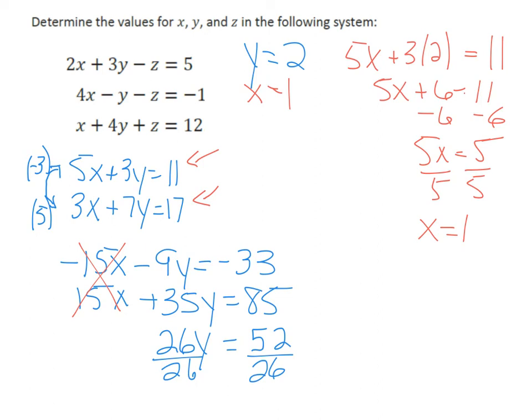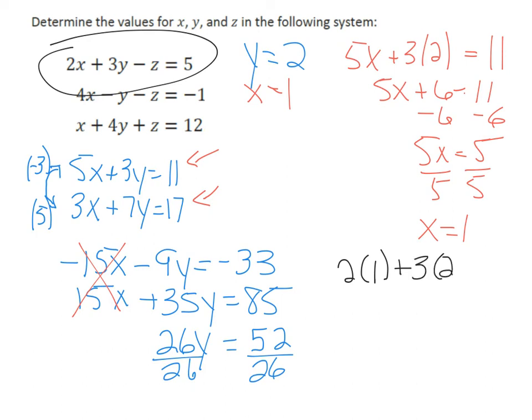And lastly, we just need to solve for z. But now that we know x and y, we can just use one of our equations. So let's use the top one. So we have 2 times our x, which was 1, plus 3 times our y, which was 2, minus z is going to equal 5.